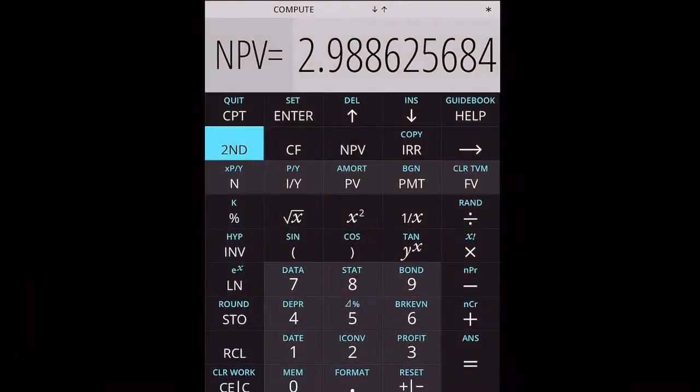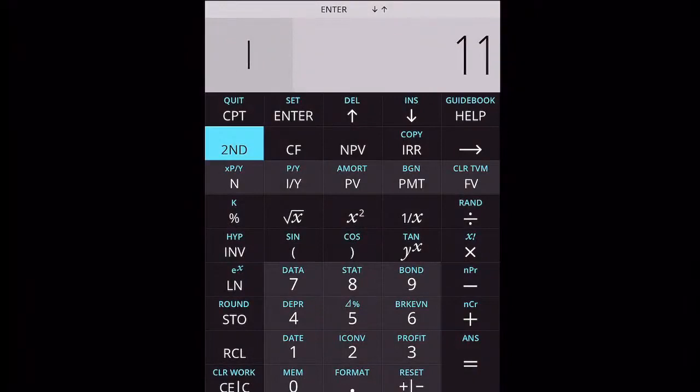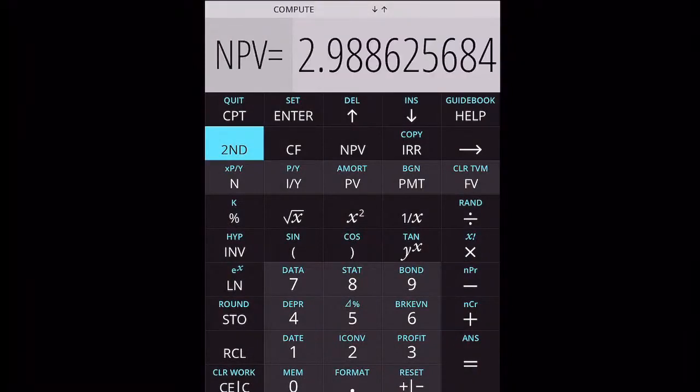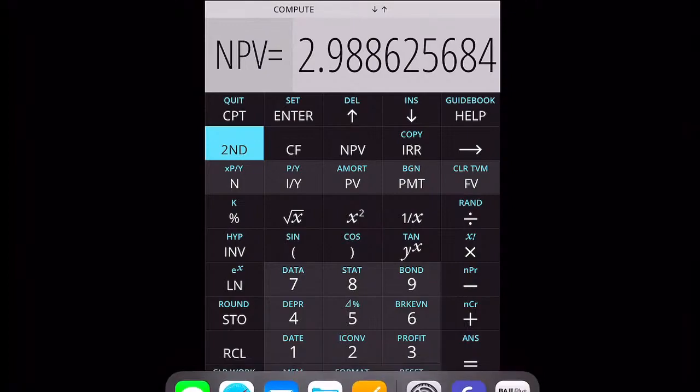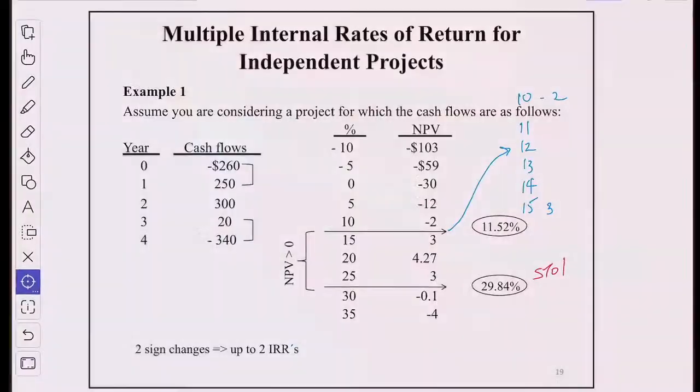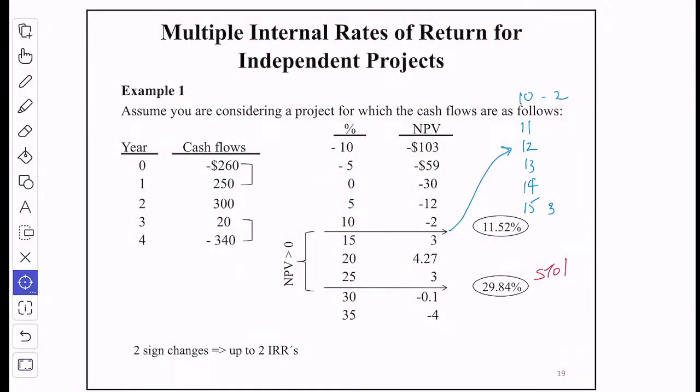So now I'm going to hit NPV. Let's try 11. Enter down. It's still positive. What did I do wrong? 10, 11. That should be 11.52.